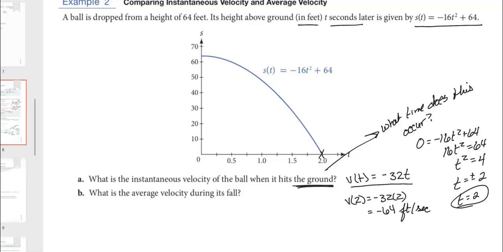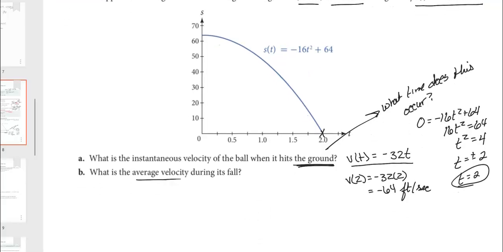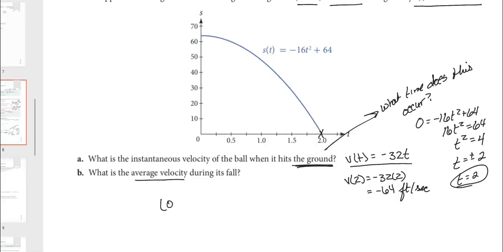B is asking the average velocity during the fall. So to find the average velocity, this is not going to use the derivative. We are going to just find the average at 0 seconds, and then at 2 seconds when it hits the ground. So we need to figure out the height at 2 seconds and at 0 seconds. So if we plug 0 in here, we're going to get 64.